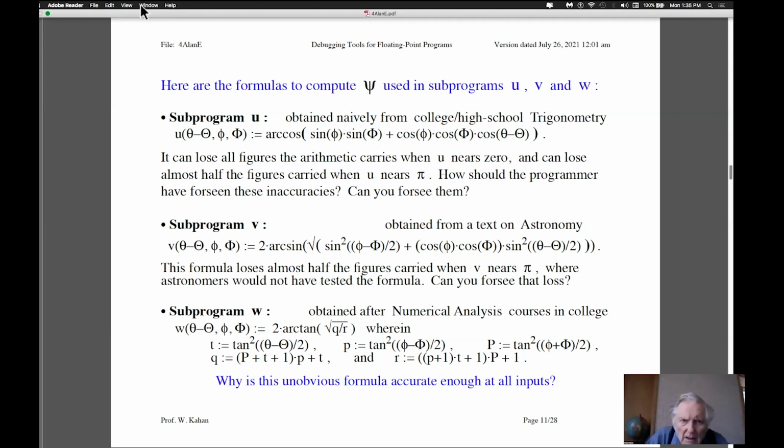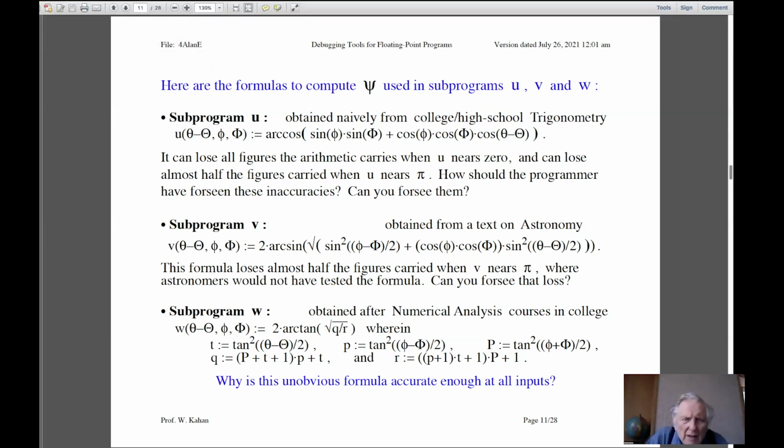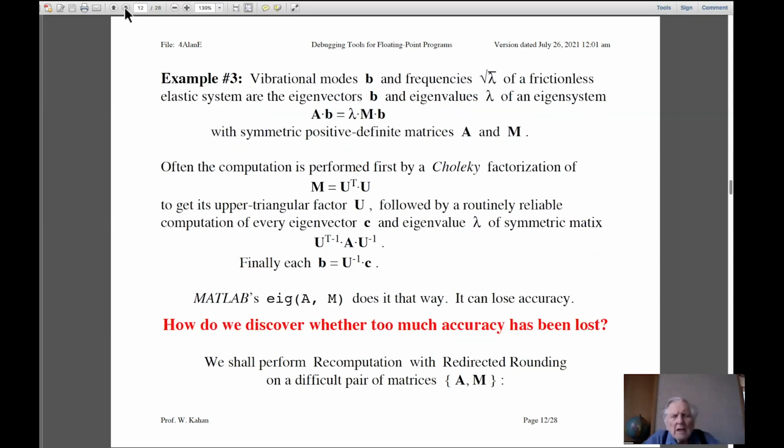I'd like to try a different example now. I'm having trouble here changing pages because every now and then the little arrows get covered up. Okay, this is a different kind of program. It's about a vibrating elastic structure.